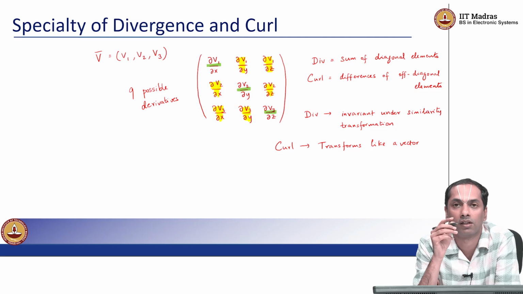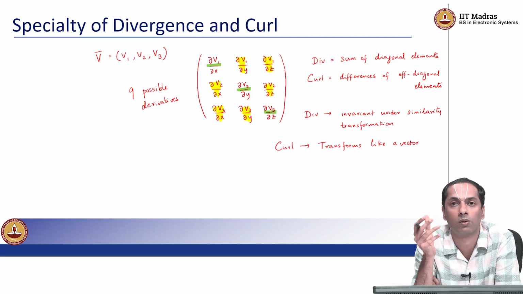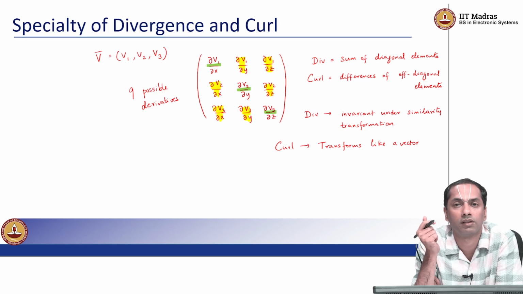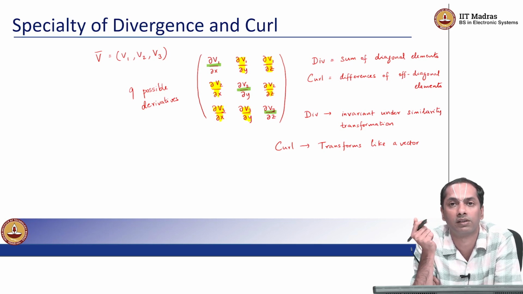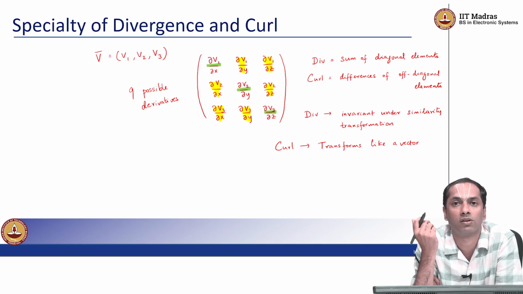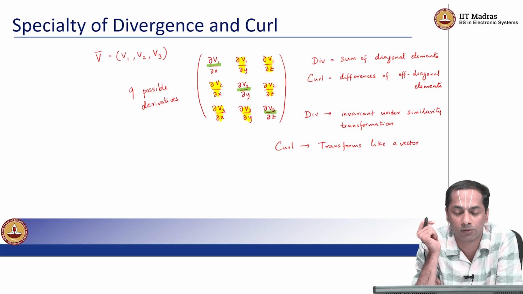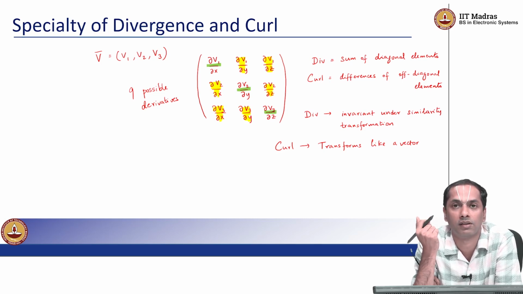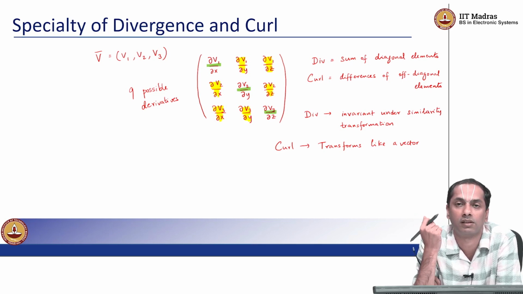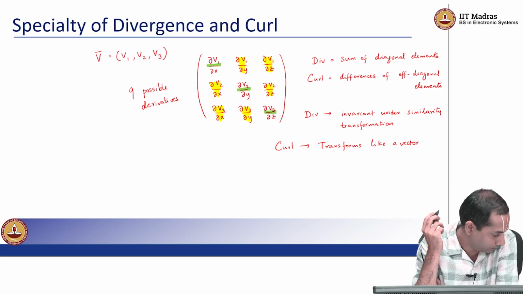I can move around and rotate my coordinate axes, and I also know that the form of these equations will not change regardless of the observer. So this is perhaps the underlying reason why you see divergences and curls in the equations.